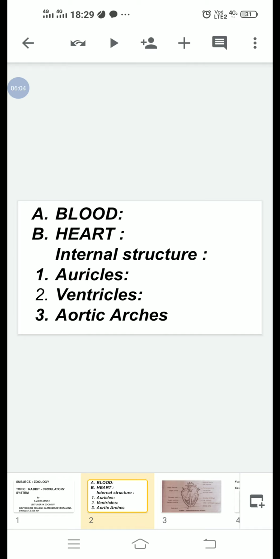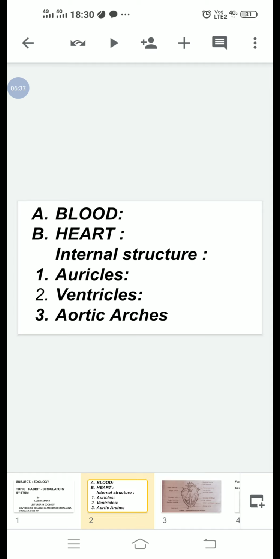Next, internal structure. A vertical section of the heart shows the details of internal structures as described below.